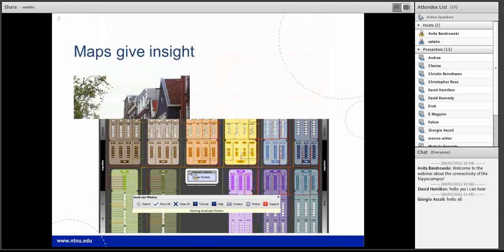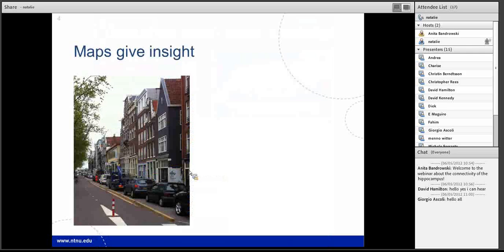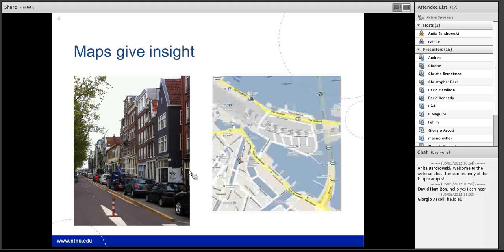A brain's connectome has similar useful features as a roadmap. For example, maps can provide insight into the movement of traffic. To understand more about the traffic situation in the left image, it would be useful to have a road map. The map allows you to see, for example, how this traffic continues and can move out of the city.